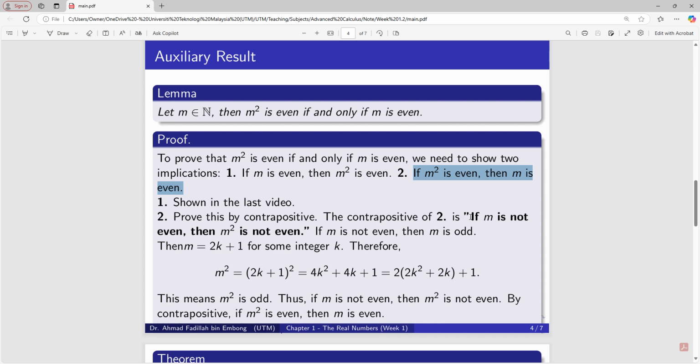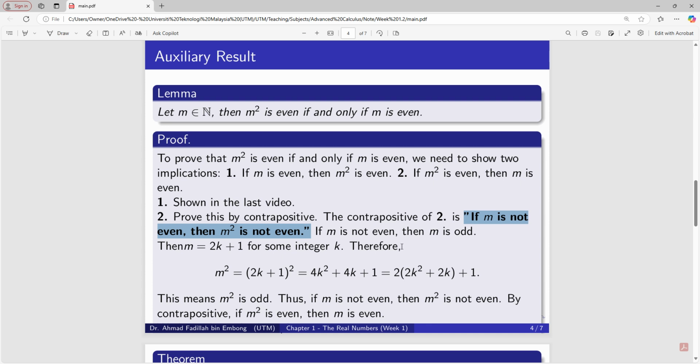So we are going to prove this statement. I think it's quite difficult to directly prove that if m squared is even then m is even, and it is much simpler if we treat this statement by using the contrapositive, which is: if m is not even, then m squared is not even. What do we mean by m is not even? It means that m is odd, right?